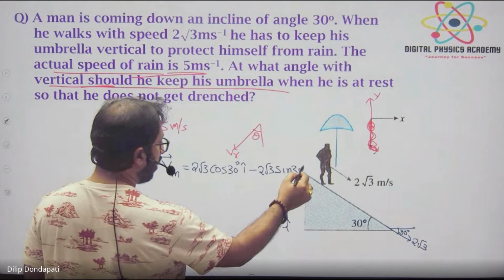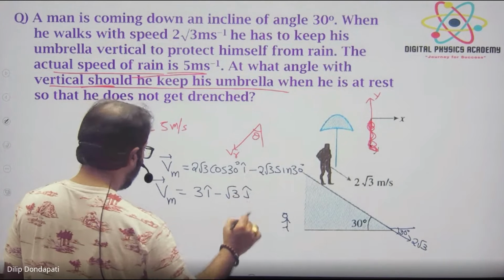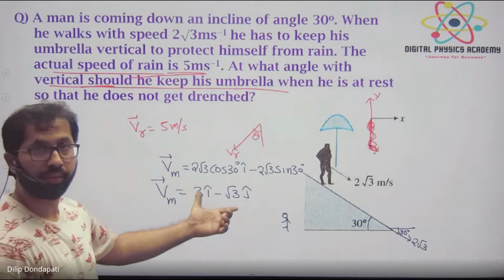Now find and tell me, velocity of man comes to how much? You'll get it as 3i minus root 3j. My bad, minus root 3j. This is the velocity of man you got, right?